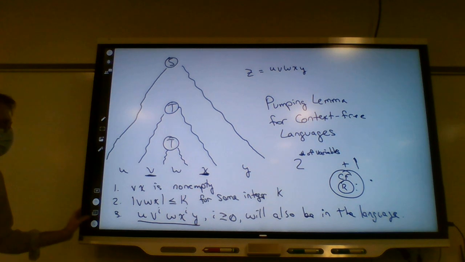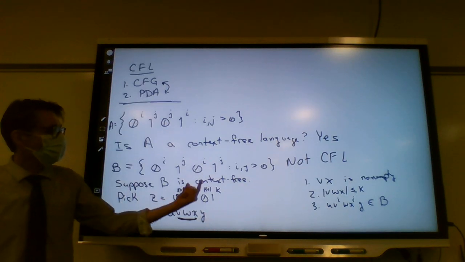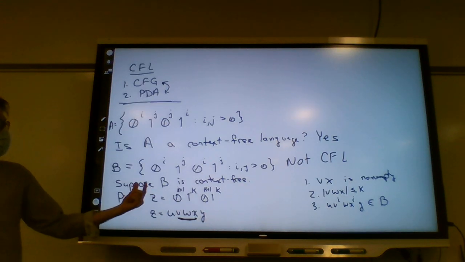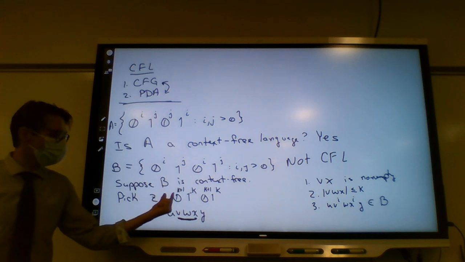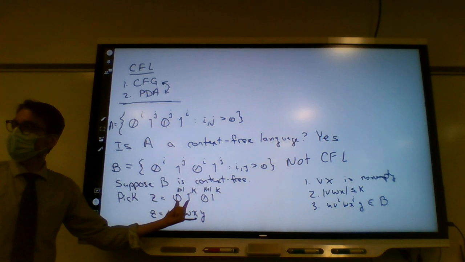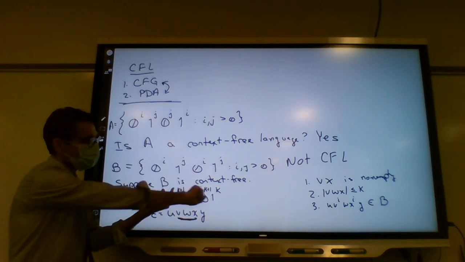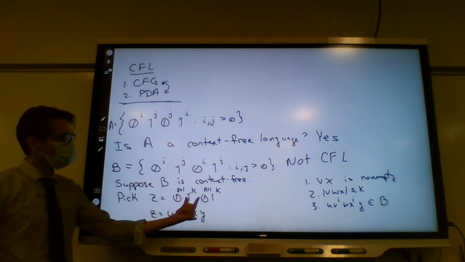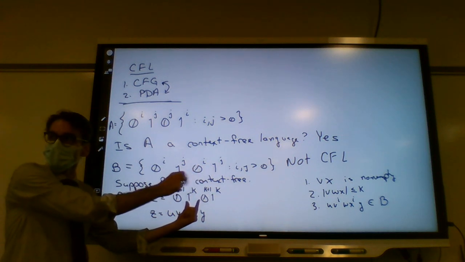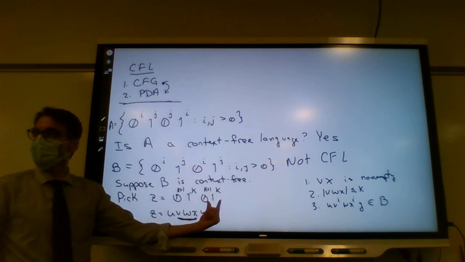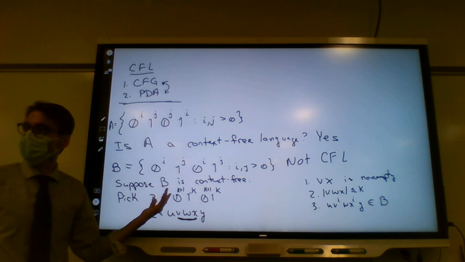And what's happening in this particular case is as you change that, you're going to be either changing the number of zeros here or the number of zeros and ones here, but you're not changing things over there. Or you're changing the number of ones and zeros here, but you're not changing the ends. Or you're changing the number of ones and zeros here, but you're not changing the beginning.